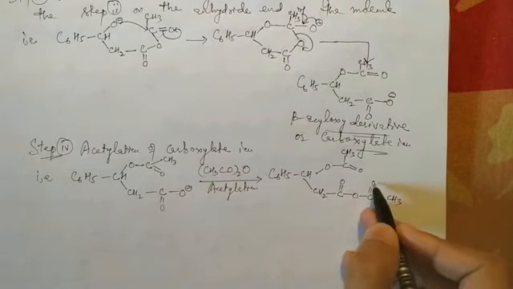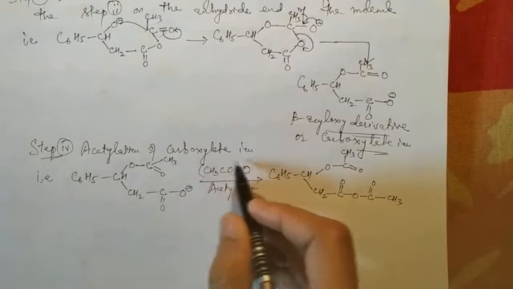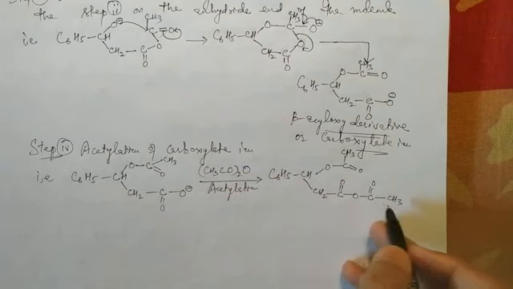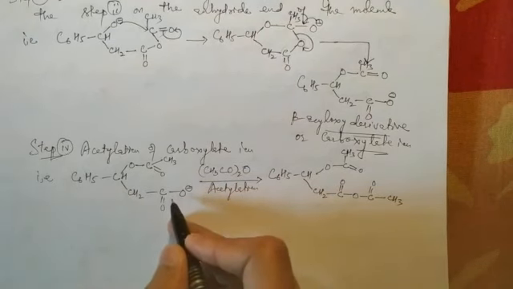So CH3CO from this acid anhydride has been connected onto this part of the carboxylate ion.